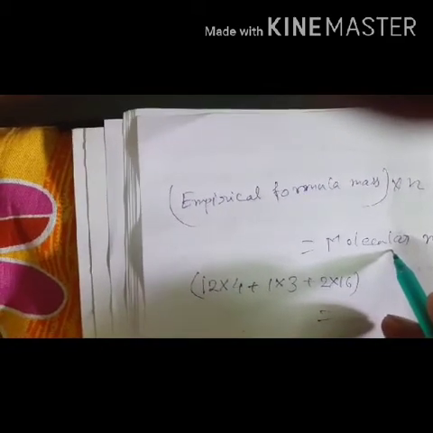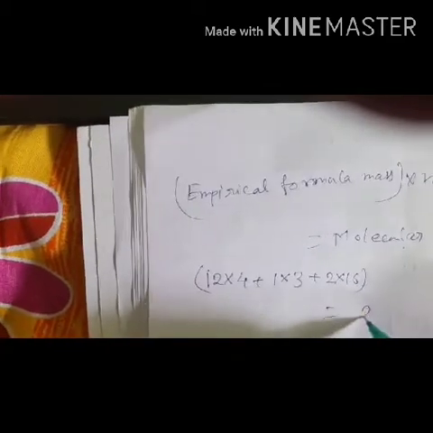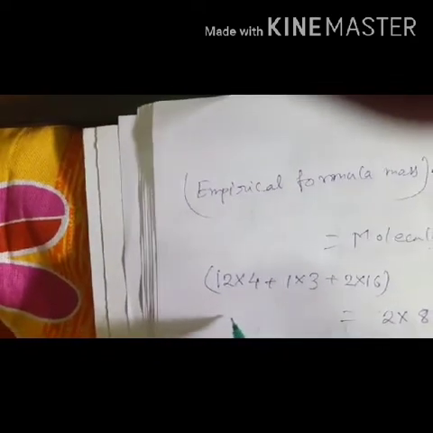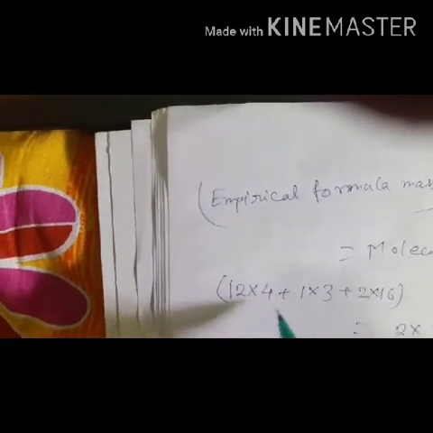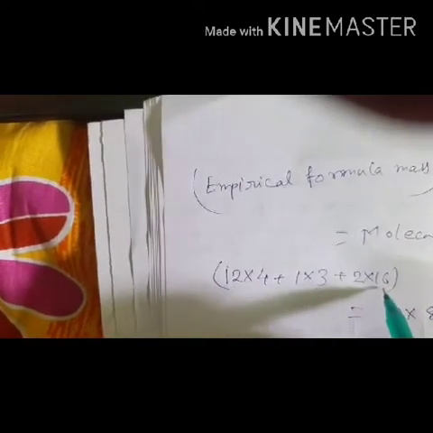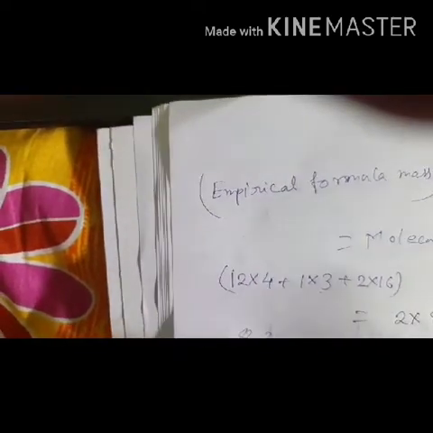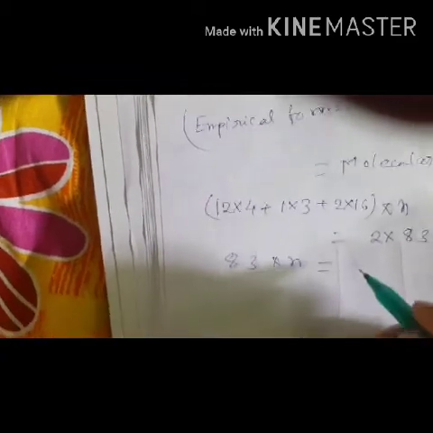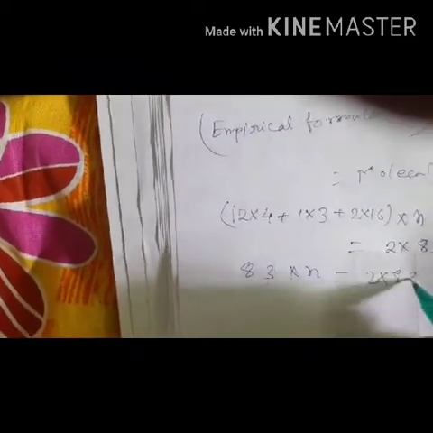You know that the molecular mass equals 2 into vapor density, so the molecular mass equals 2 into 83. Now what is coming here? 48 plus 3 is 51, plus 32 is 83. So 83 into n equals 2 into 83. So n will be 2.